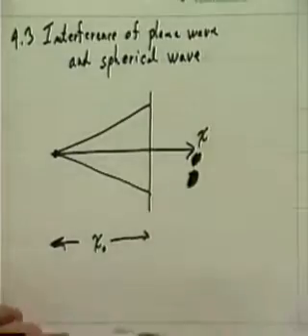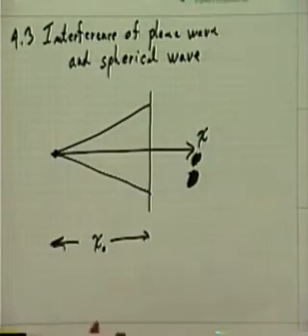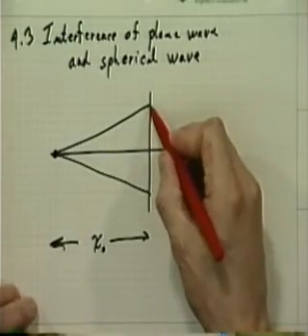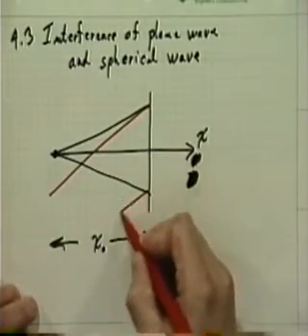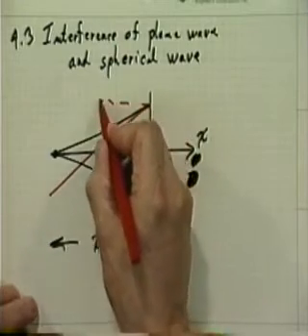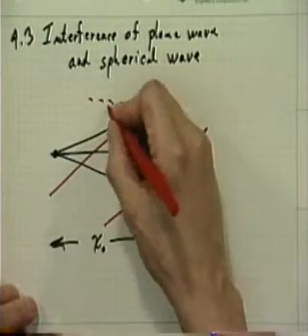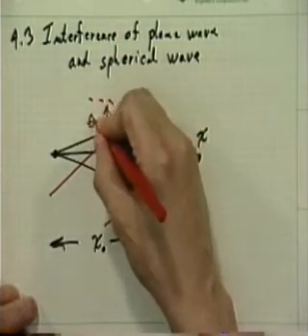And we're going to bring in a plane wave here. For the heck of it, I'll change color. We're going to bring in a plane wave at an angle of theta.